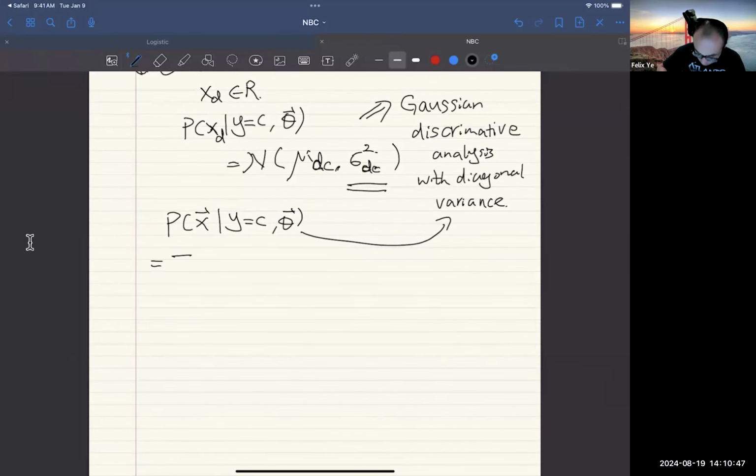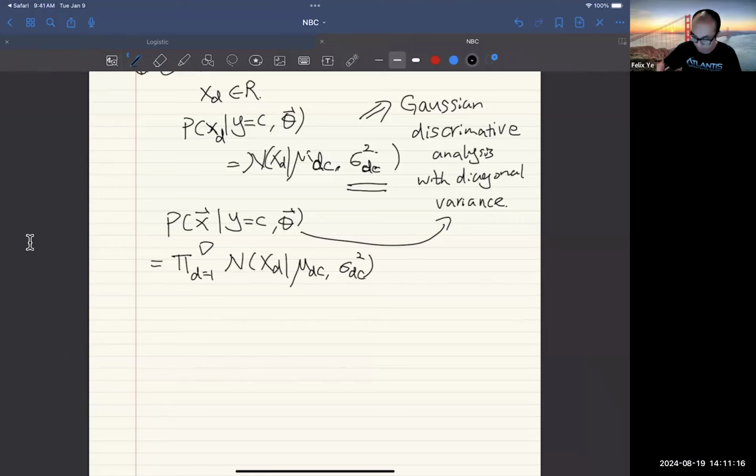So this is equal to the multiplication of d from 1 to big D of the Gaussian distribution of xd given mu dc and sigma dc squared, and we multiply them together.